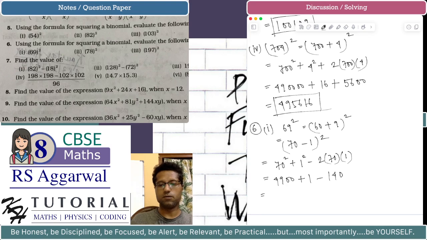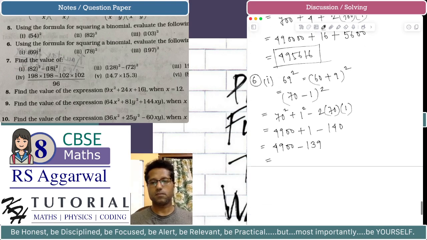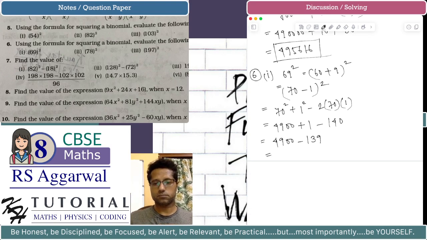So this is equal to 4900 minus 139, because minus 140 plus 1 is minus 139. So this is equal to 4761.